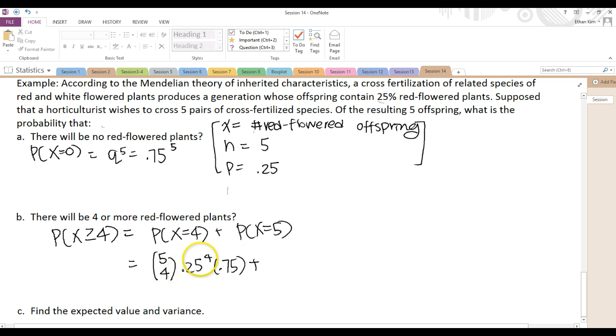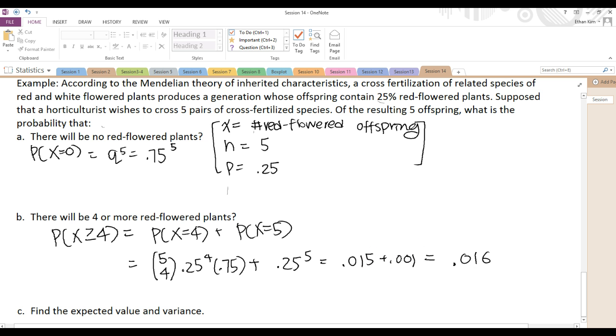And for the probability that there will be 5 of them, all of them have to succeed, so that's going to be 0.25 to the 5th power. Alright? And if you add this up, this is 0.015 plus 0.001, so this is going to be 0.016.